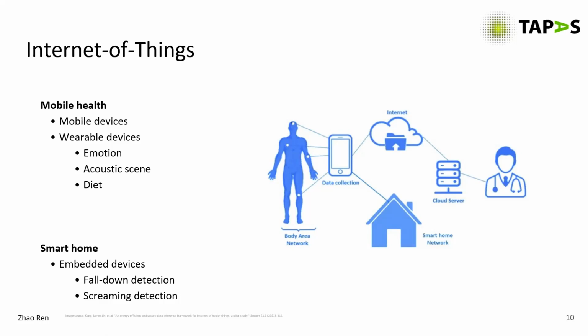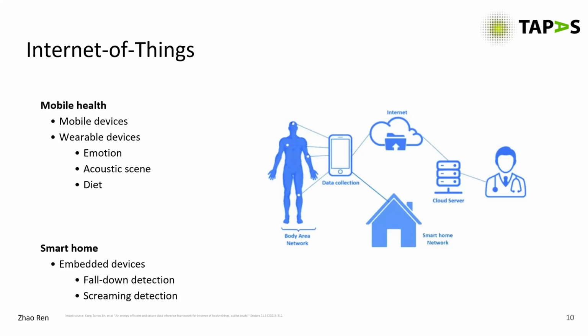And there are also many other applications such as emotion recognition, acoustic scene detection, and diet monitoring in our daily life, like detecting what we eat every day and how much energy we have.